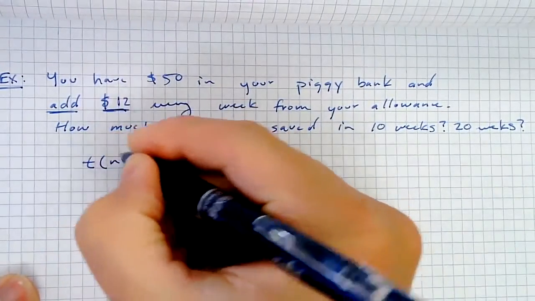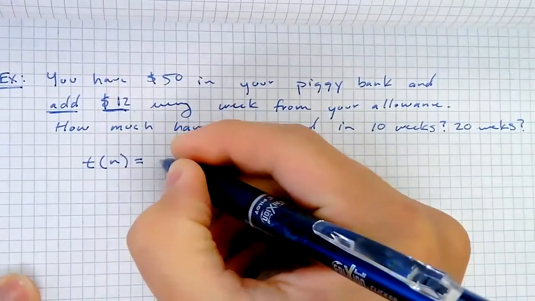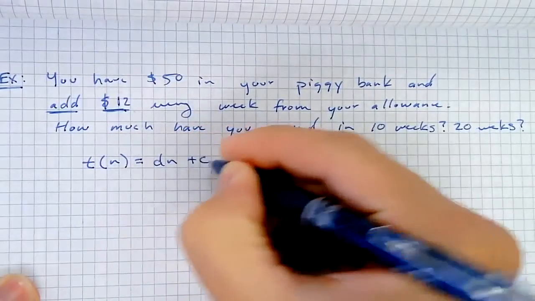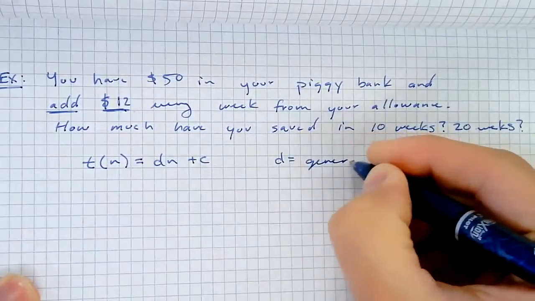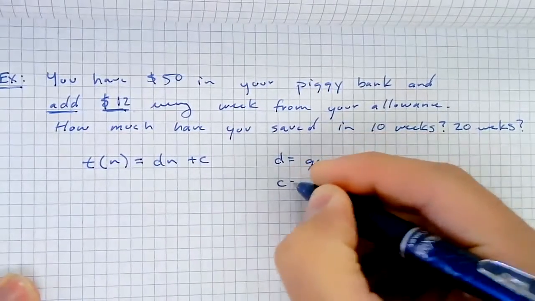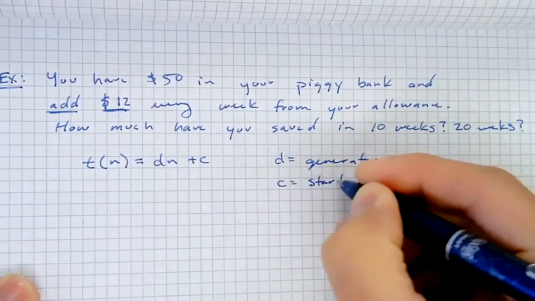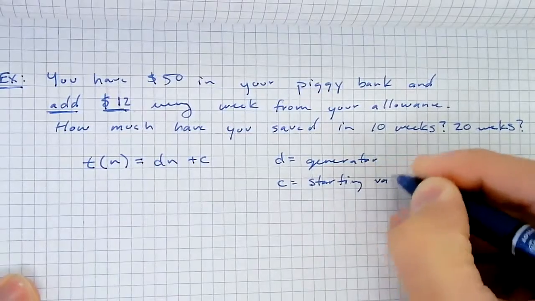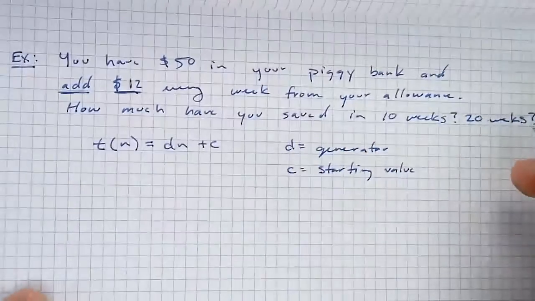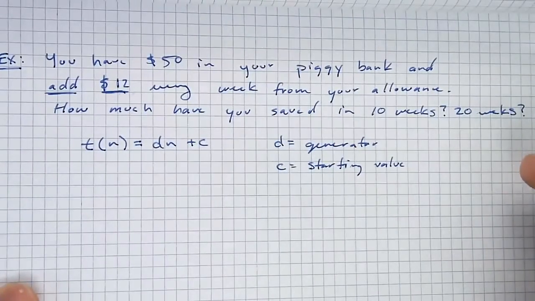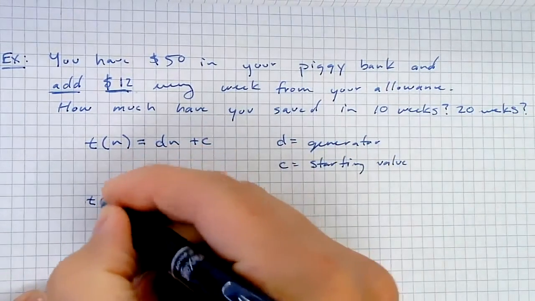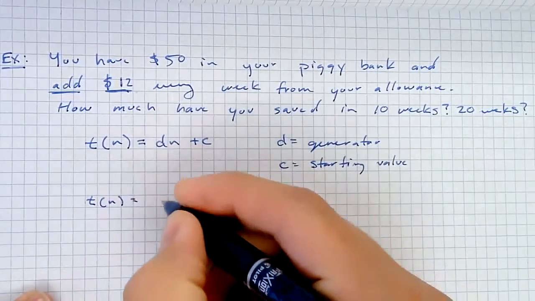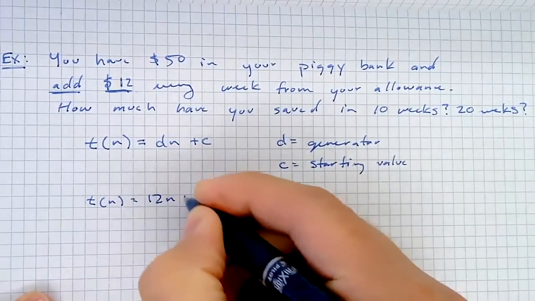Remember, T of n equals dn plus c, where d is your generator and c is your starting value. So to write our equation, T of n equals 12n plus 50.